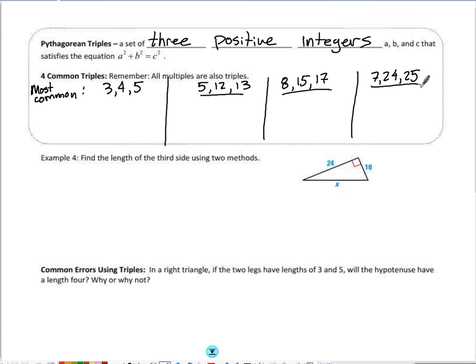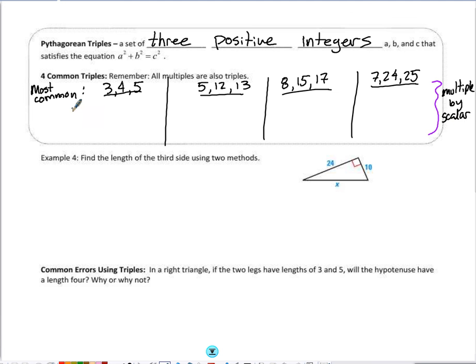But let's understand that because these triples are true, if I multiply them by a scalar value, a scalar value is just the same number repeated. If I multiply them all by 2, what do I end up with?